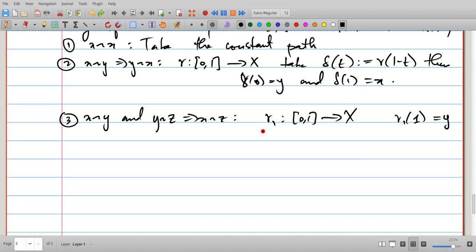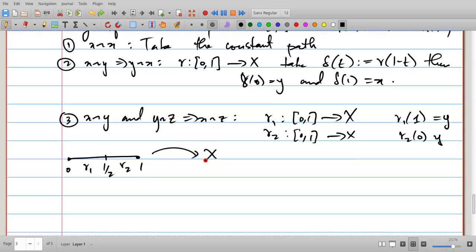Similarly, there is a path gamma 2 which begins at y and ends at z. So the idea is to travel gamma 1 at twice the speed from 0 to half, and then gamma 2 at twice the speed from half to 1.